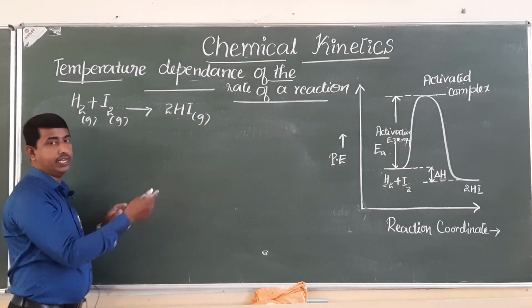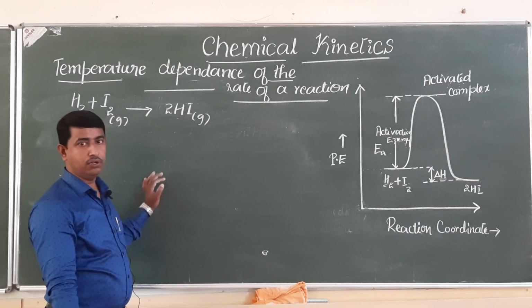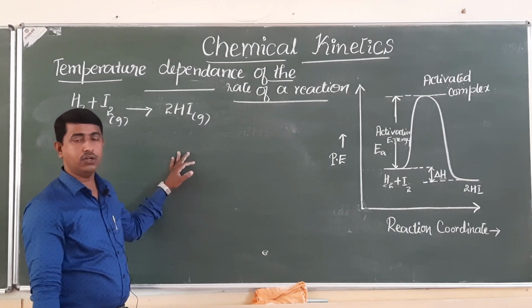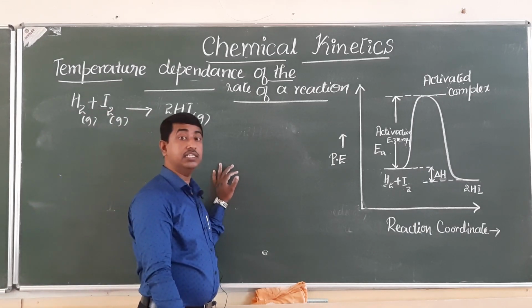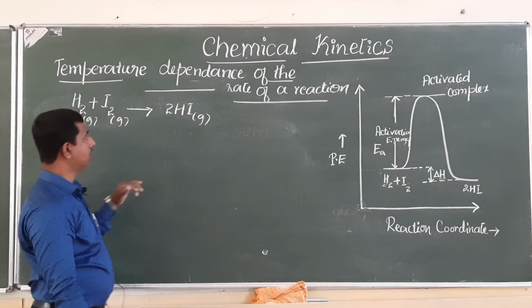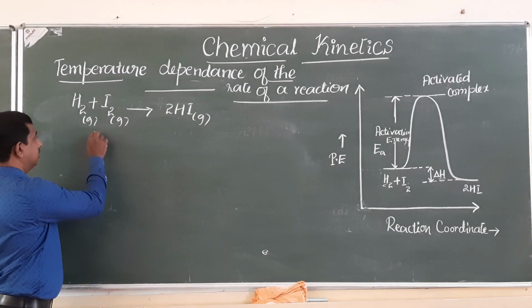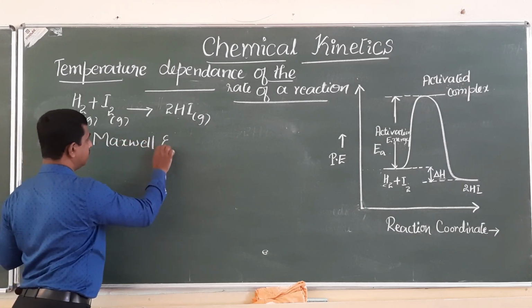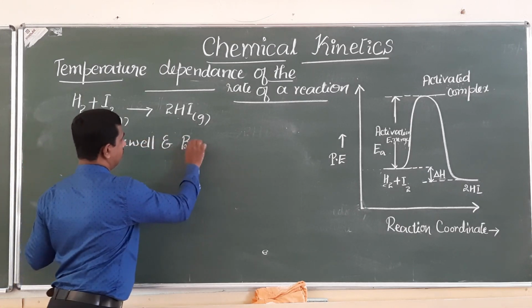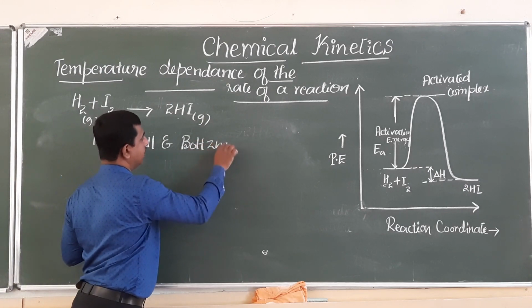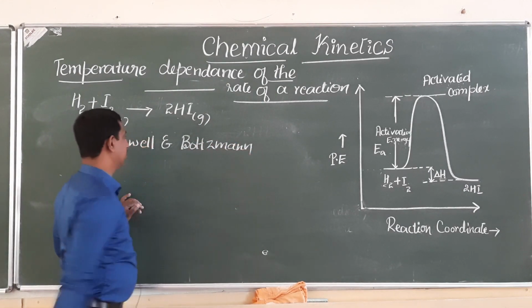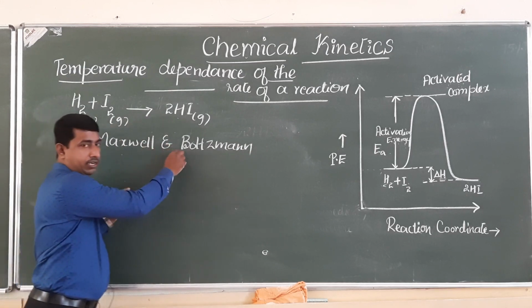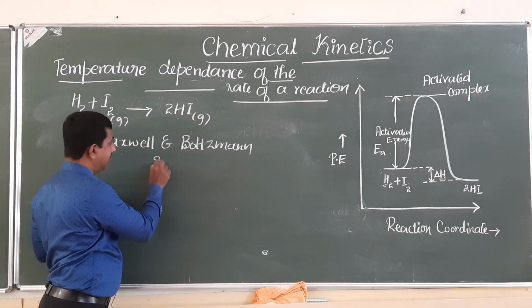So, in order to predict the energy distribution among the gas molecules, scientists, one is Maxwell, the other one is Boltzmann, used statistics.